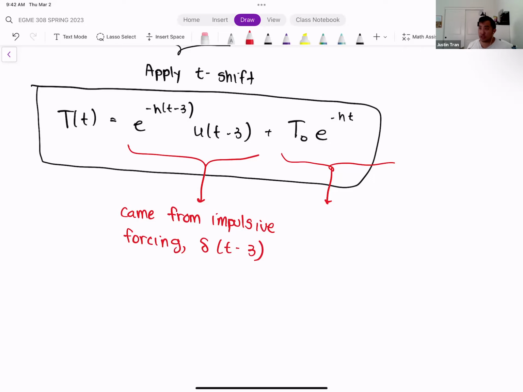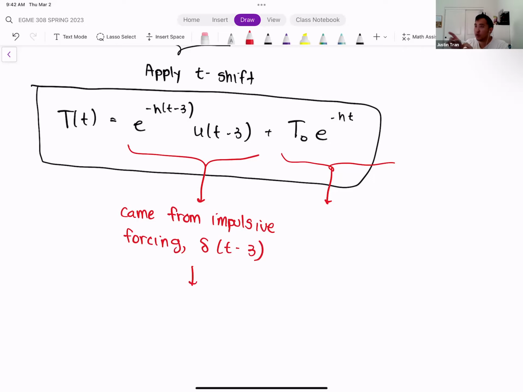So this came directly from the combustion reaction, where if you remember from the beginning of the problem, the combustion reaction occurred at t is equal to 3. If you look at the characteristics of this term in the solution, that makes a lot of sense, right?